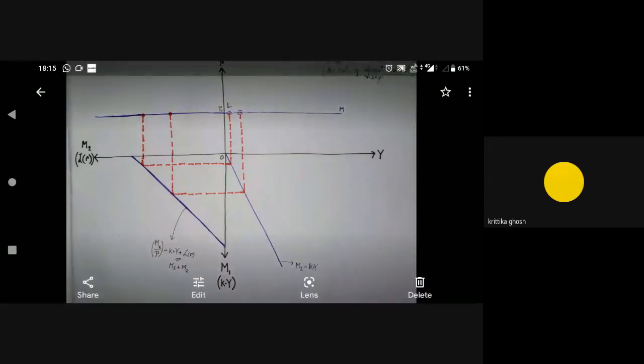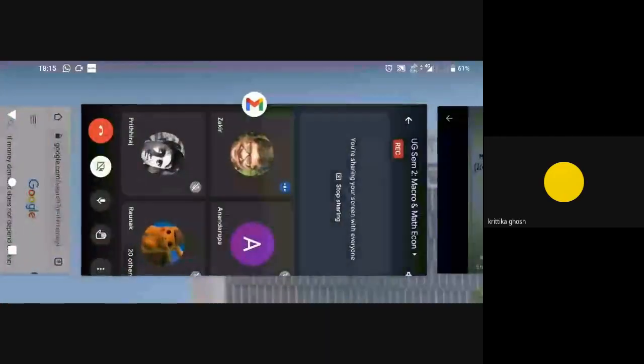So the fourth quadrant will be vertical, right? What do you mean by the fourth quadrant? Basically the bottom one, the transaction demand and Y quadrant. Transaction demand will be, wait a minute, it doesn't depend upon income, so it will be horizontal.